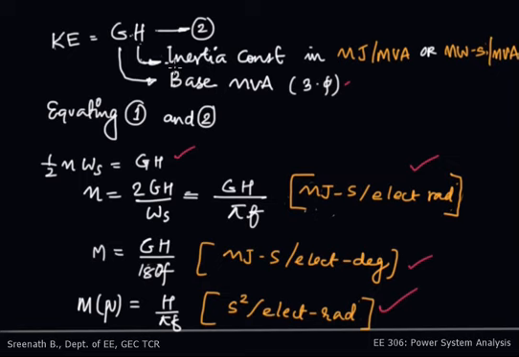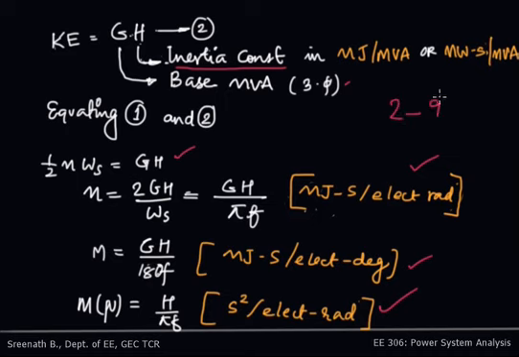Now this inertia constant is a very important term from a practical perspective. Generally the values of this inertia constant vary from 2 to 9.